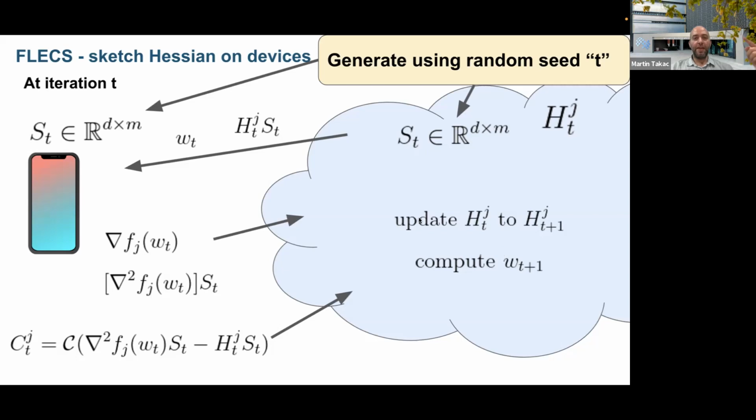So again, what is happening here? I send two messages from the cloud to the worker. One is W^t, the current iterate. Also, using the same random seed, I compute the matrix S^t and sketch my local estimate of the Hessian, which is stored on the cloud, and send this matrix as well. Afterwards, the worker computes the gradient of this function and Hessian times S. Again, this is cheap on a device.